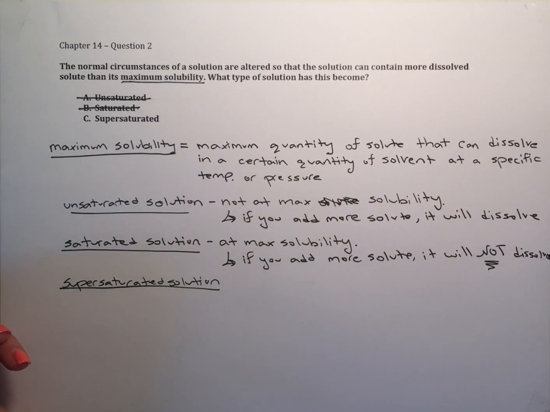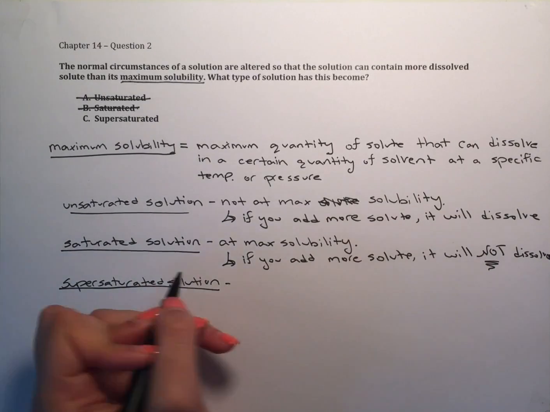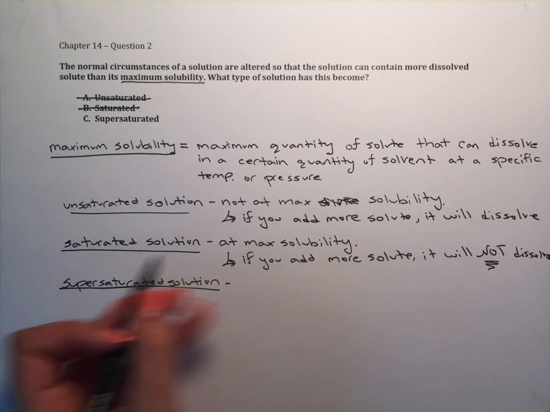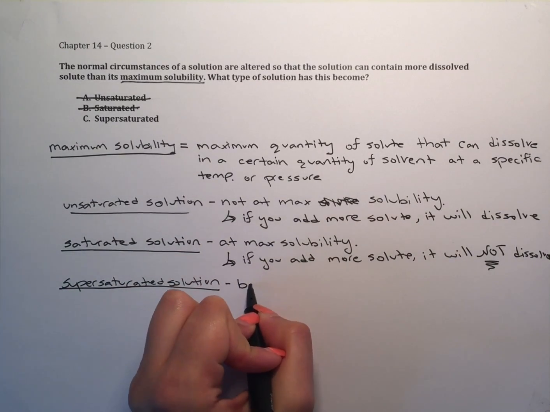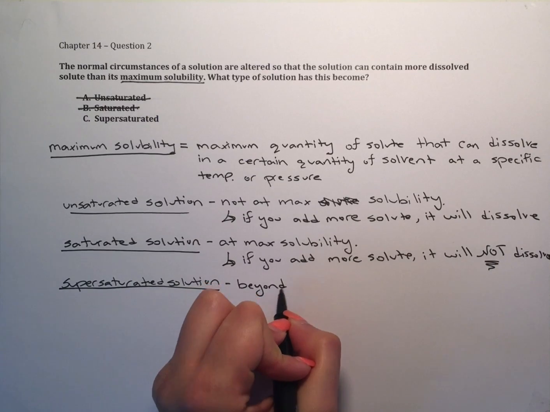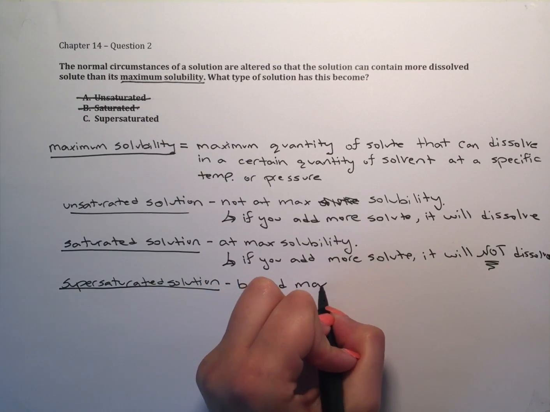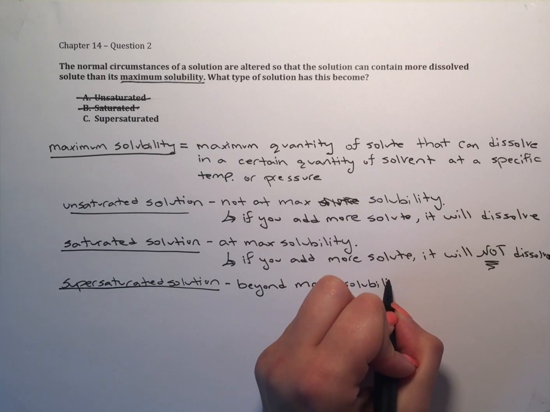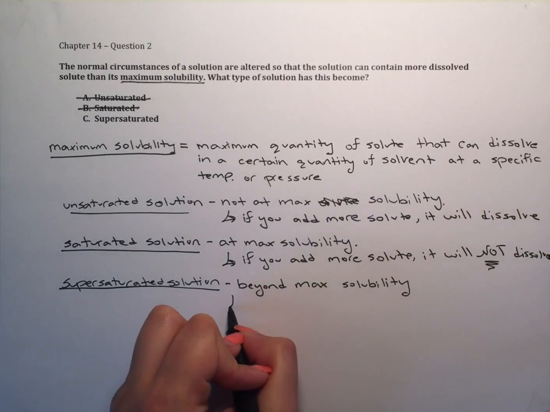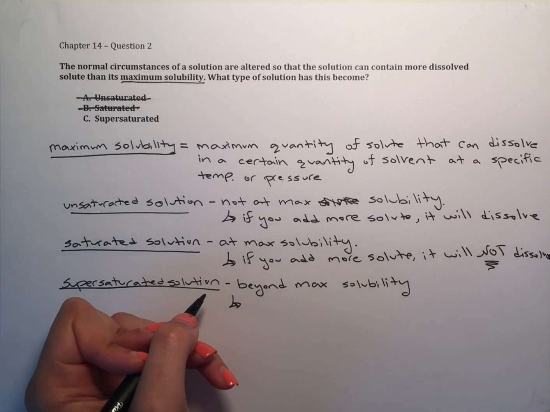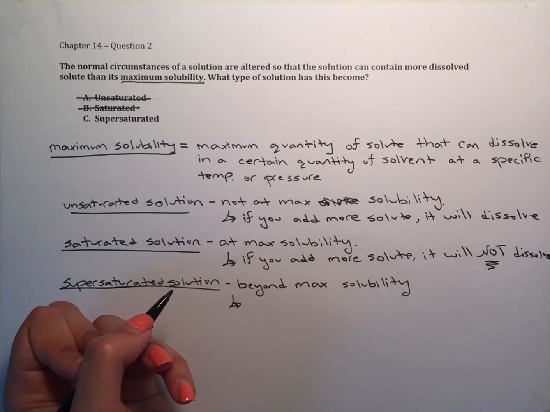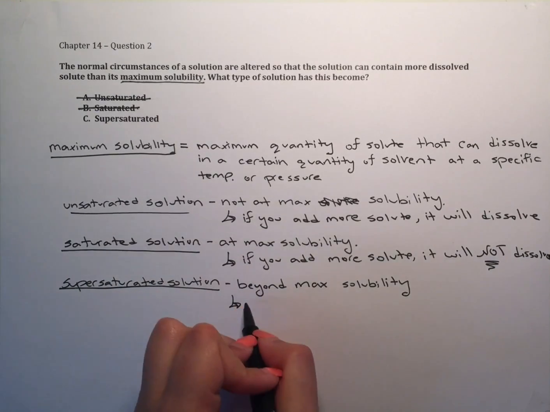A supersaturated solution goes beyond its maximum solubility. And what this means is that if you add more solute, it will dissolve, but that's because it's not at normal conditions.